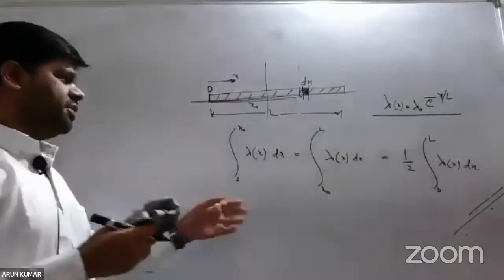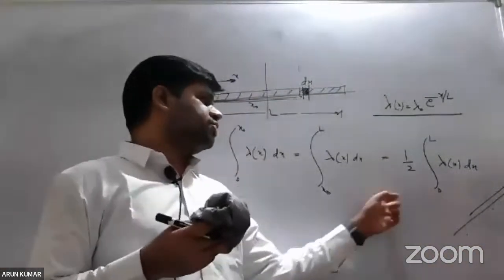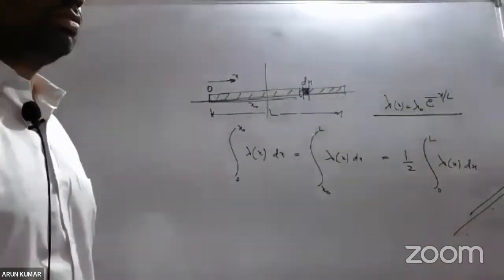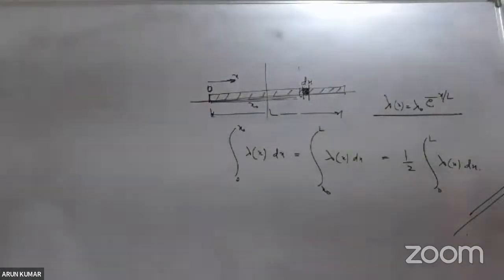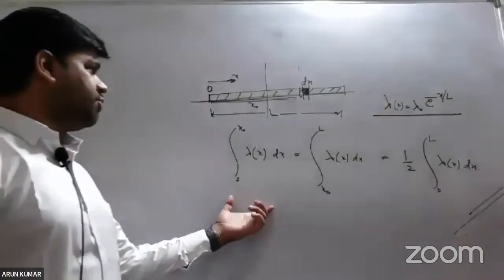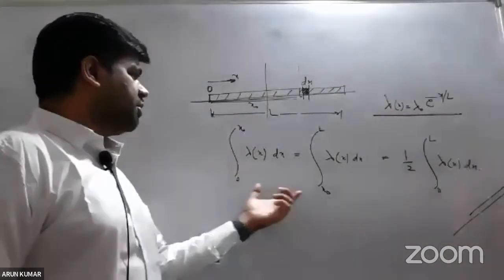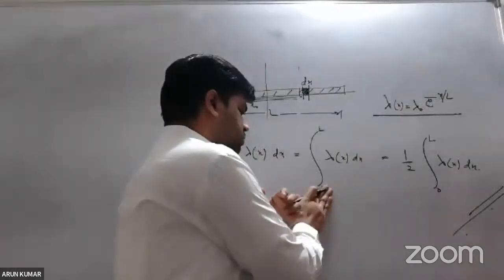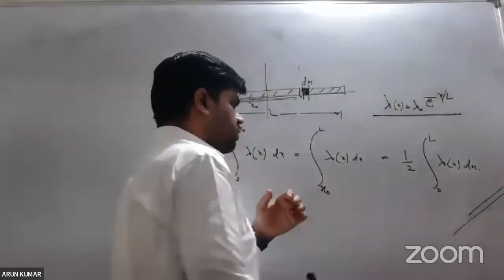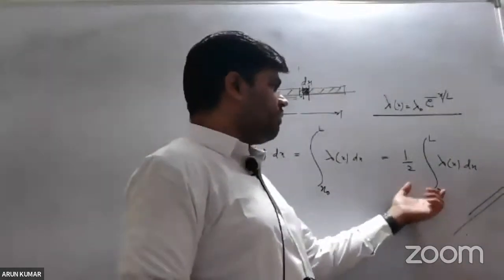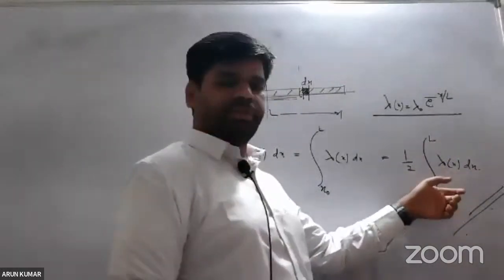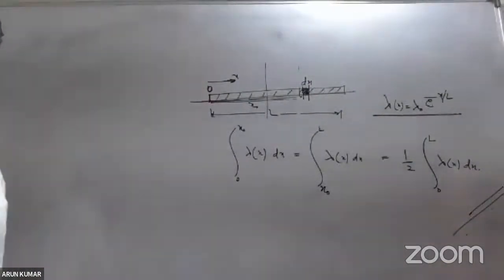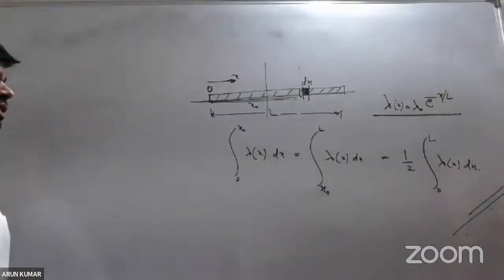I can use either of these to get x naught. Do you understand this equation? The mass from 0 to x naught, this portion, should be equal to the remaining portion. That's what these two mean. Or, what does this mean? This is half of the total mass. When I integrate from 0 to L, that's your total mass, and this should be half of the total mass. So can you now go ahead and tell me the value of x naught?